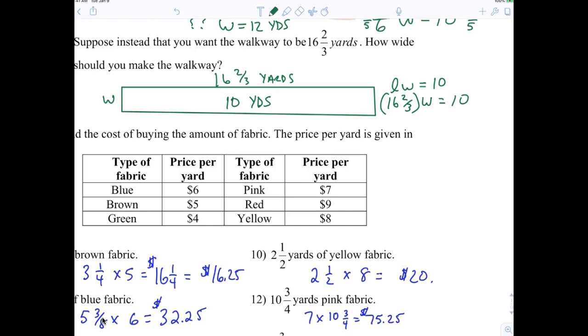So now how do I undo the multiplication again? Divide, right? So I could divide both sides by 16 2/3. So my width could be what? 1 2/3. I don't think so. Do 10 divided by 16 2/3. Yeah, about 1 3/5. 3/5 of a what? It could be 3/5 of a yard wide.